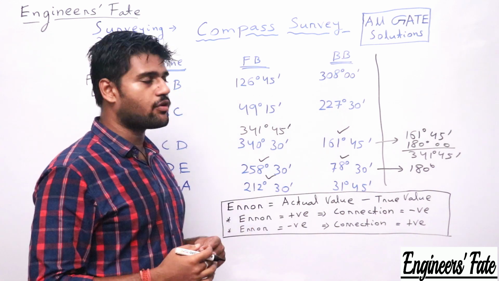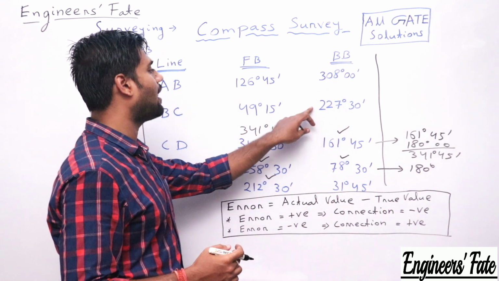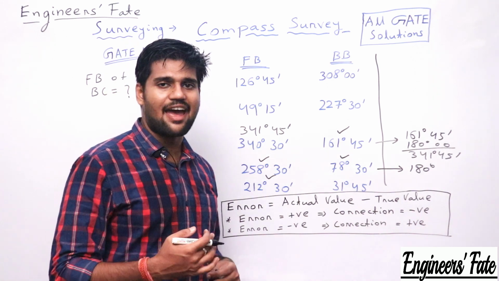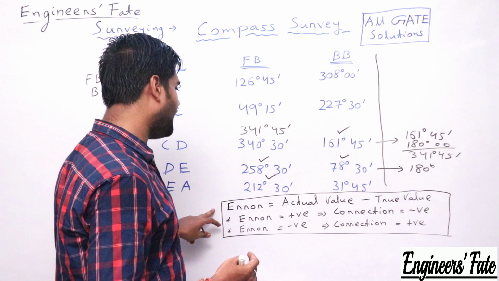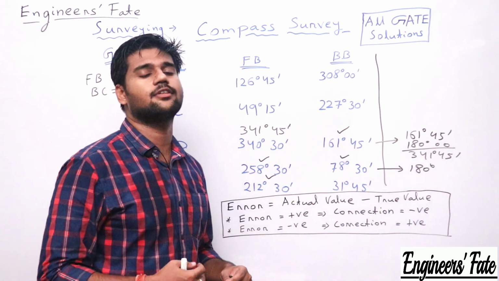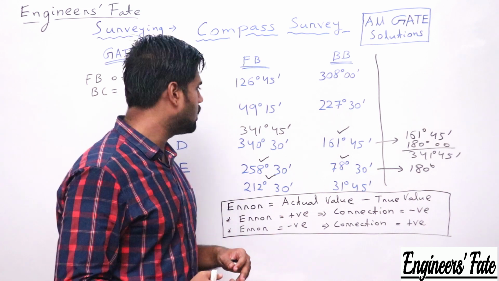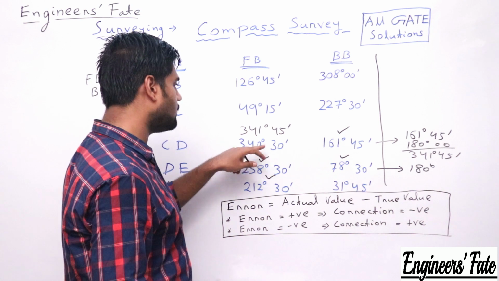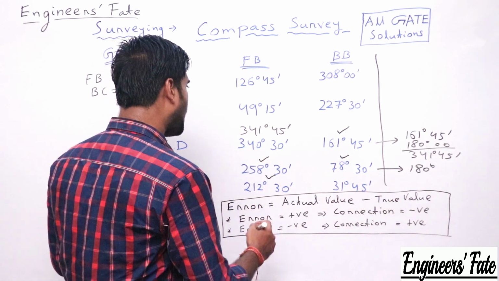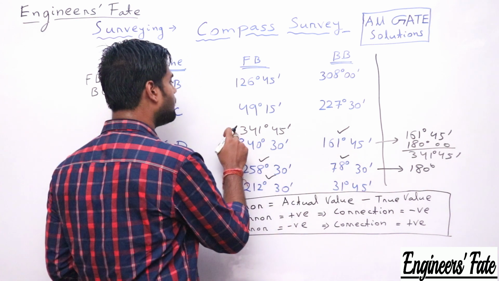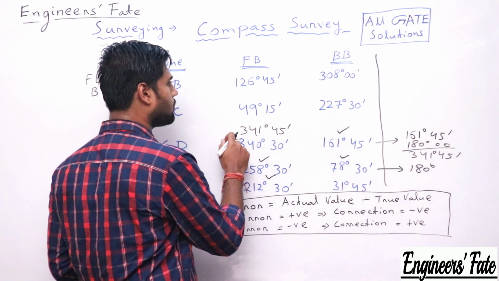Now I need to find the correct back bearing of line BC. Here comes a concept which I have told you earlier. We know that error is the actual value minus the true value. Actual value means whatever value is given in the question, which is 340 degree 30 minute. The true value, the correct value I have just found, should be 341 degree 45 minute.